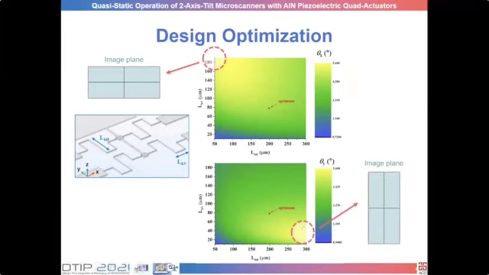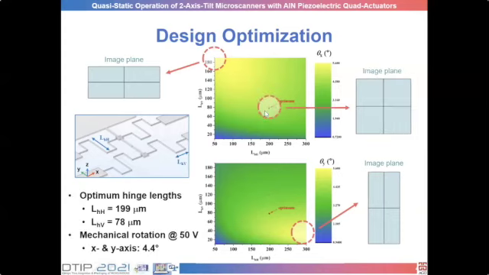For our application, a square image plane is needed. That is why we found this area as an optimum. With that, the optimum hinge lengths were found as 199 and 78 micrometers. And at 50 volts, 4.4 degrees of mechanical rotation is expected in both axes.